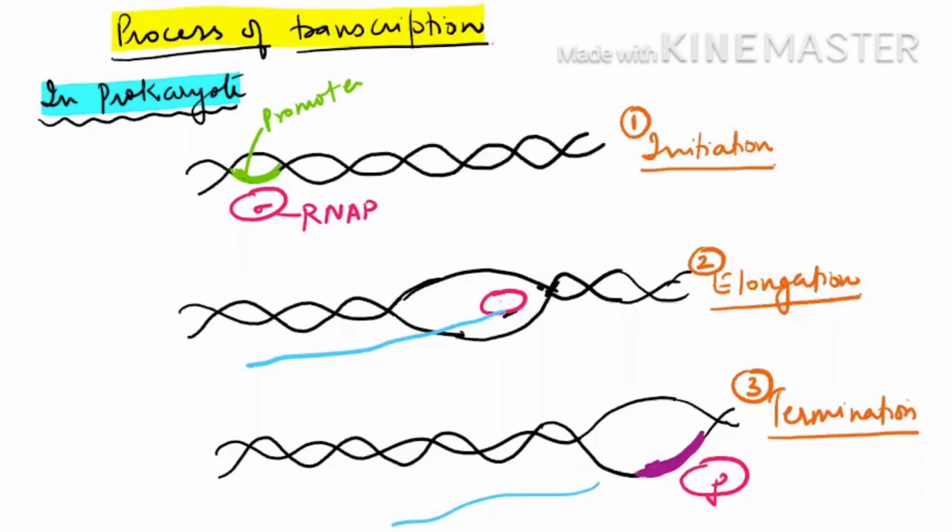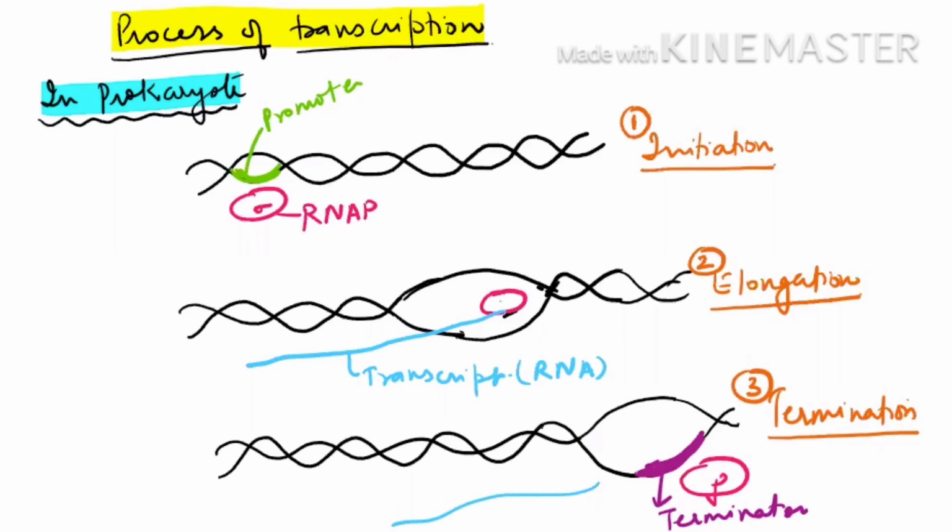Okay, so this blue is nothing but your transcript. Your primary transcript is prepared. So this is your RNA. And it will keep on doing it till the time it reaches this area. So this area is your termination, which is identified by the Rho factor, and finally the newly formed messenger RNA is released.